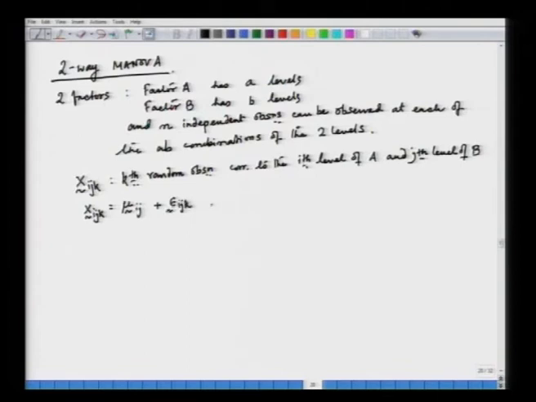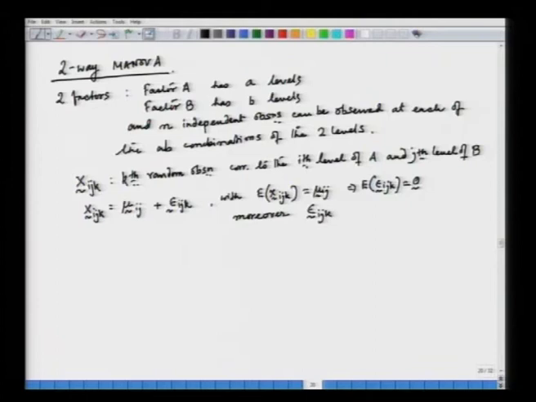With the expectation of x, i, j, k being mu i, j, this implies that the error has a mean vector that is the null vector. Moreover, for the inference part, I have some distributional assumption.